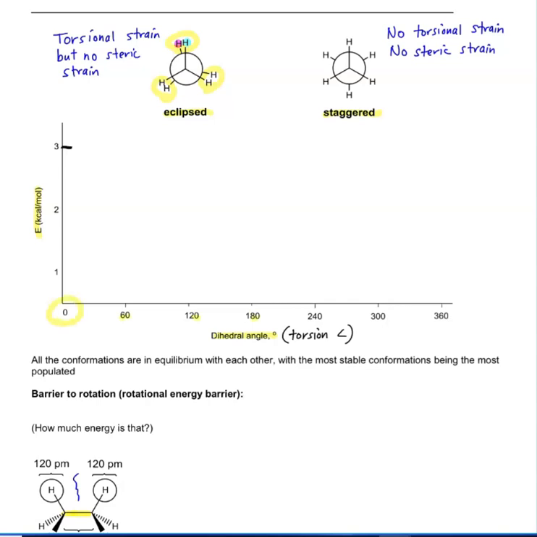Notice also that you're always going to start your conformational analysis around any bond with an eclipsed conformation. So you have to start at a 0-degree torsion angle between the two bonds that you're looking at. So always start with an eclipsed conformation.